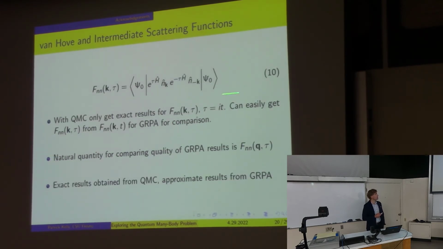Then you can switch to an imaginary time, which I call tau. This imaginary time intermediate scattering function is important because it's what QMC, quantum Monte Carlo, gives, which is a very powerful method.